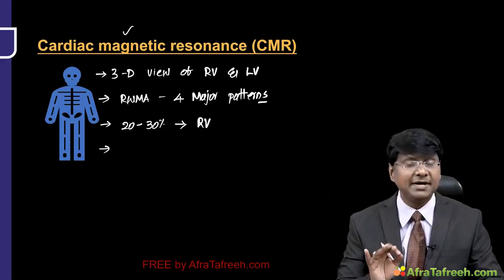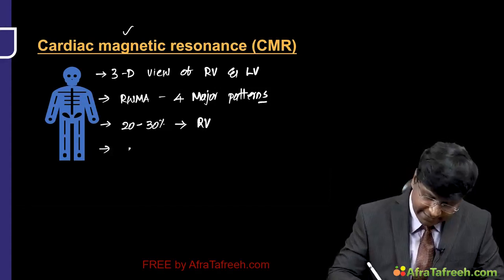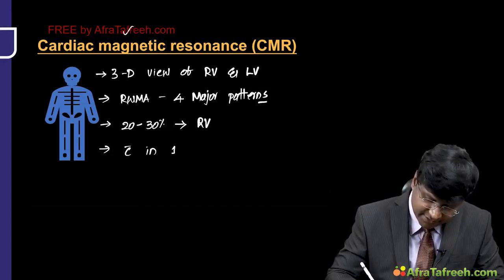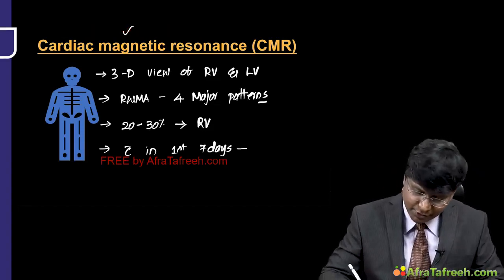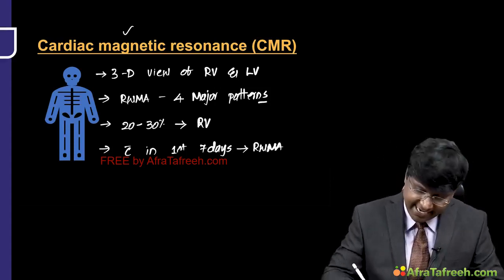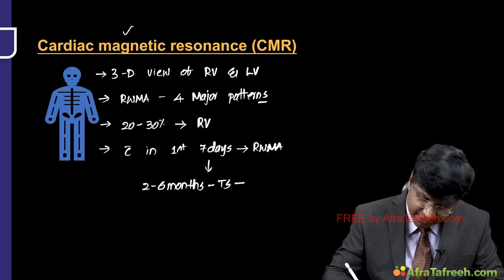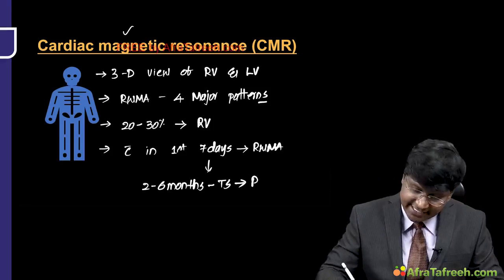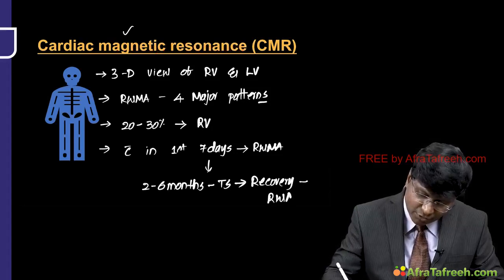Now, what this CMR will show you is the following. Within the first 7 days of development of Takotsubo cardiomyopathy, you will notice that there is regional wall motion abnormality, and at 2 to 6 months of development of Takotsubo cardiomyopathy, you will notice that there is recovery from the regional wall motion abnormality.